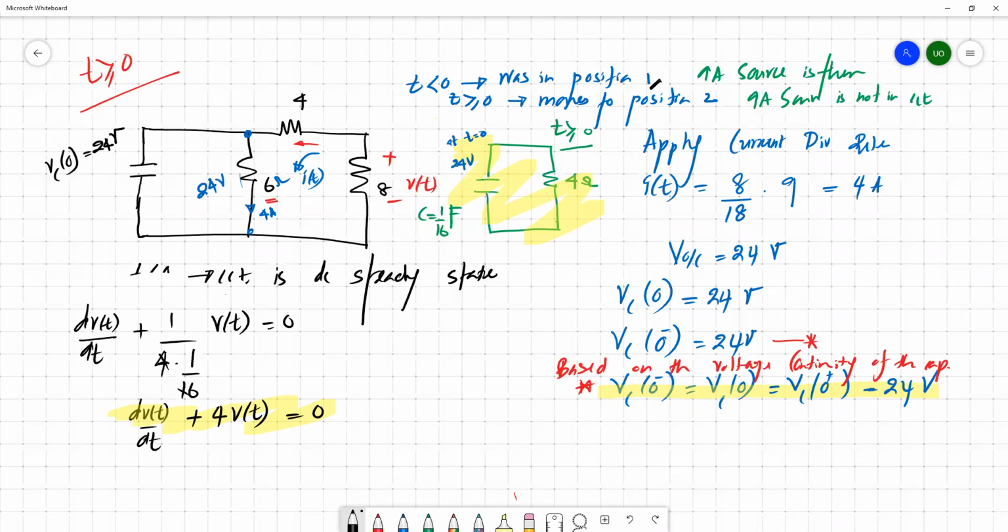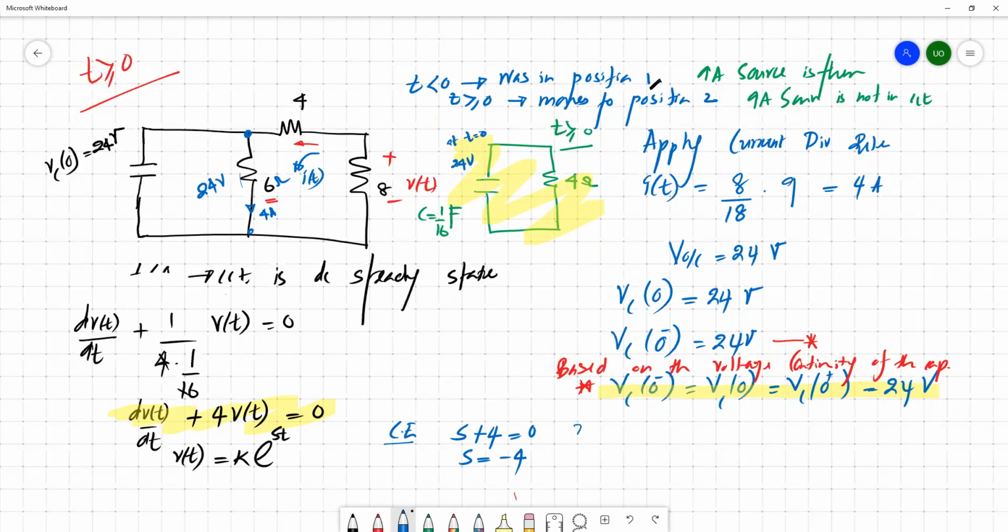So from this, we can easily evaluate the voltage. So Vt can be written as e to the power st. So we can get the characteristic equation. The characteristic equation is s plus 4 equals 0. So the root is basically minus 4.